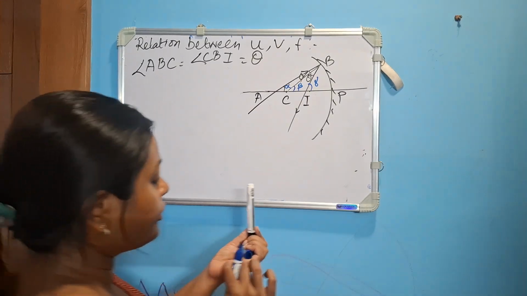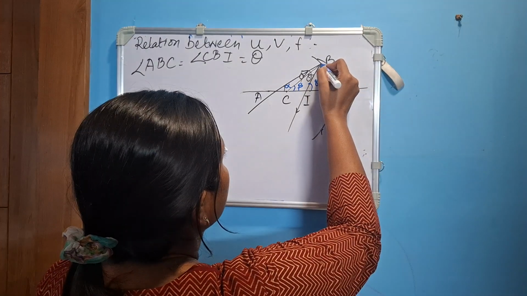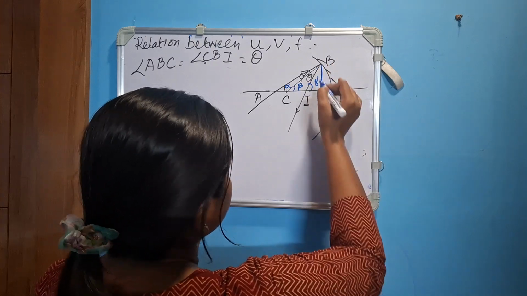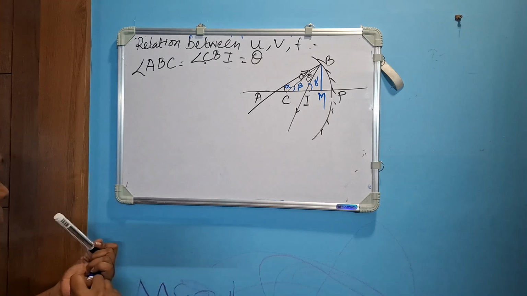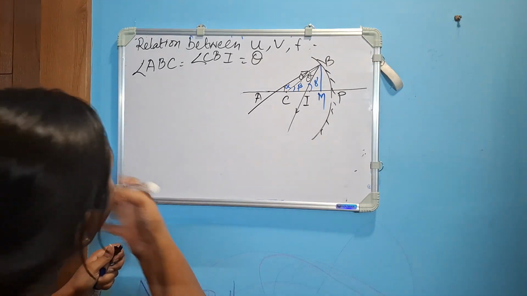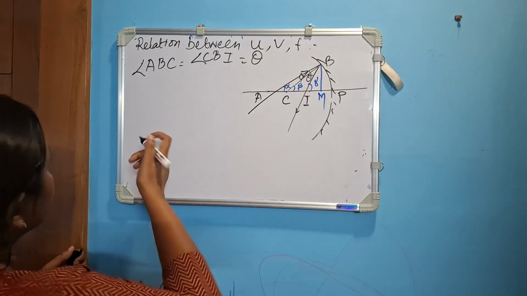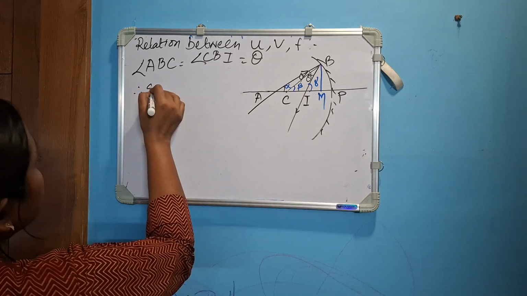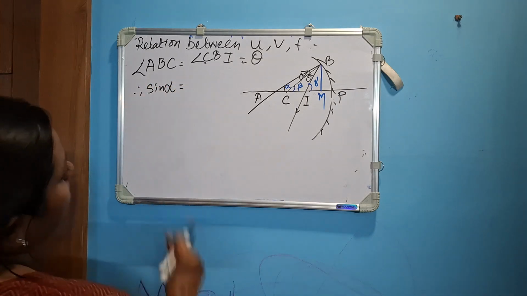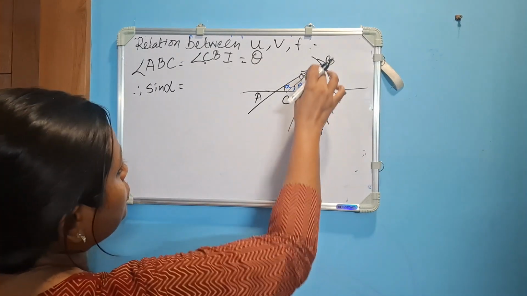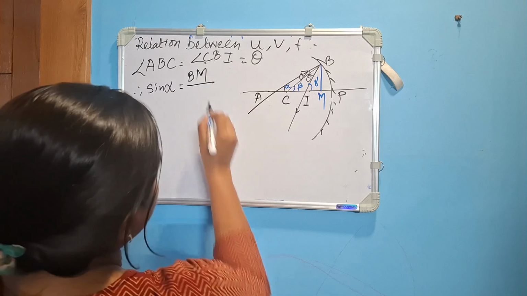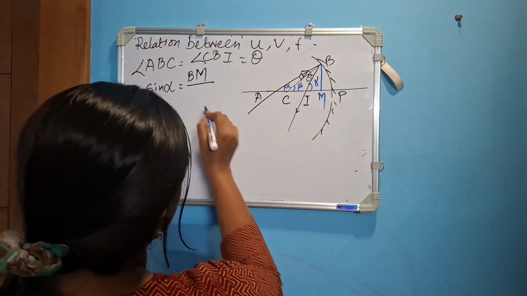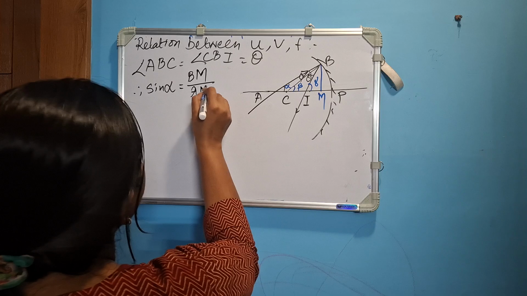And one more thing we are doing here, one perpendicular we are drawing on the principal axis from the point B. Now we can say that sine alpha equals BM by AM.